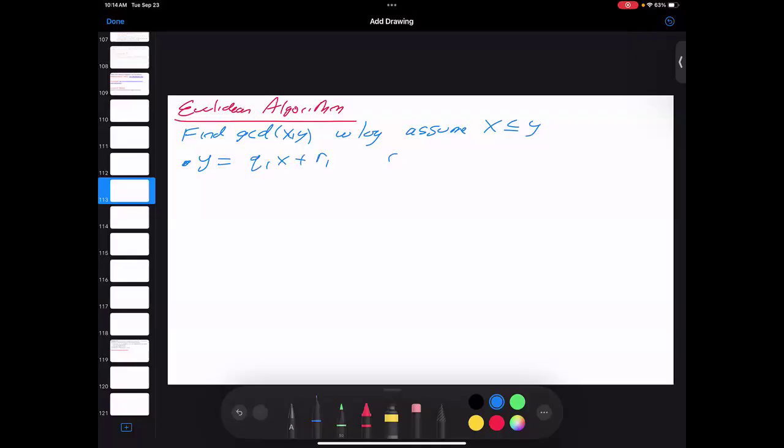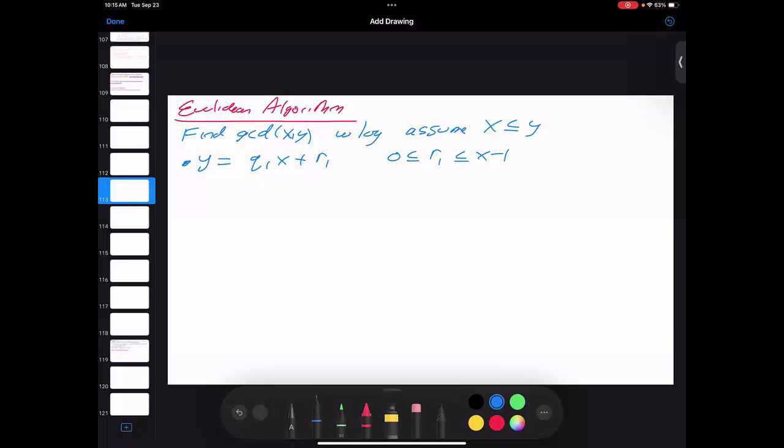How large could the remainder be? What's the largest the remainder could be? X minus 1. Because if the remainder was X, then we could just increase the multiple of X by 1. So we might as well assume the remainder is at most X minus 1.